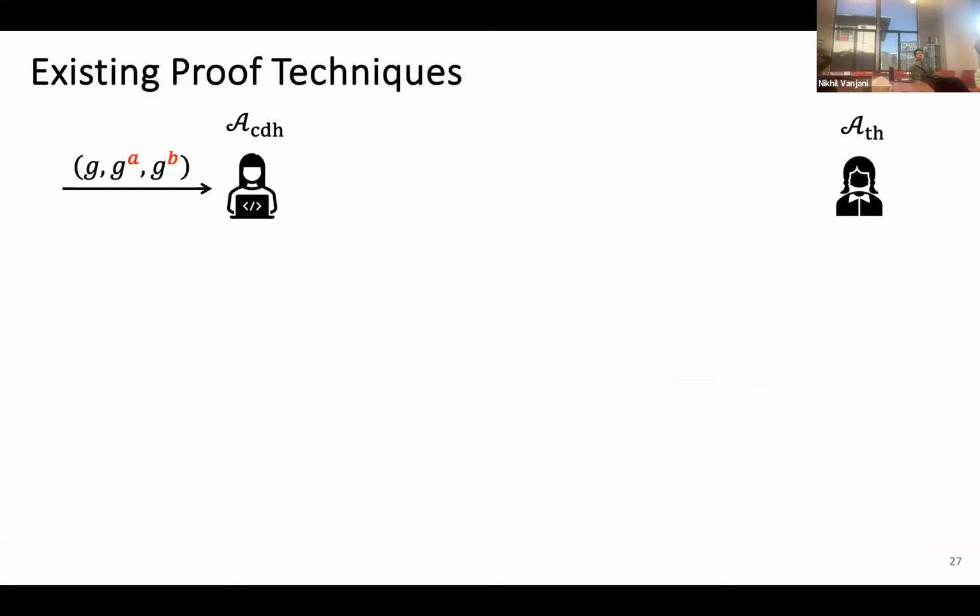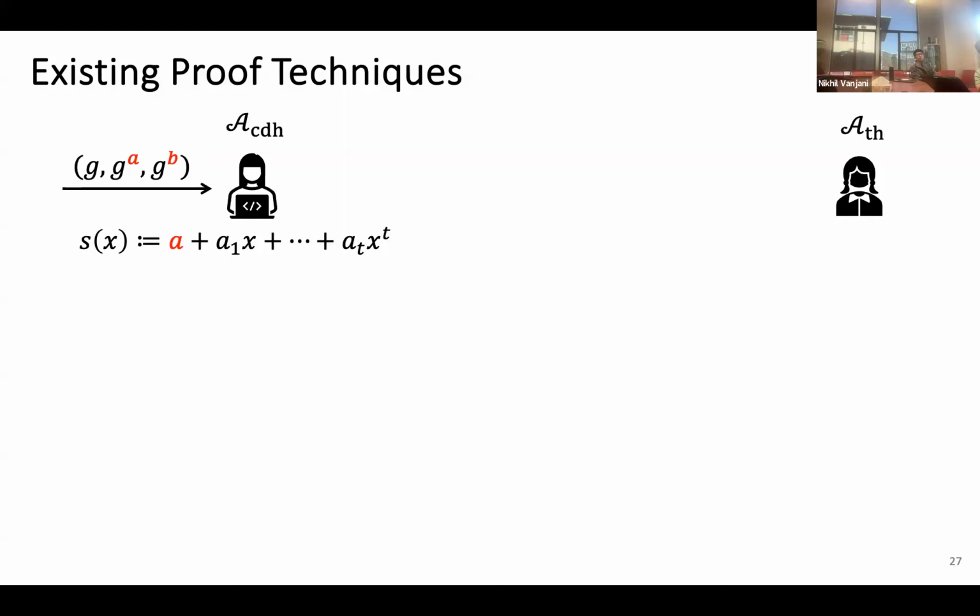The CDH adversary will get the CDH tuple, and somehow it will create a polynomial s, where the constant term is this term a. The CDH adversary doesn't know this entire polynomial. It cannot know the entire polynomial, because if it did, it could evaluate the polynomial at zero, get a, and solve CDH right away.